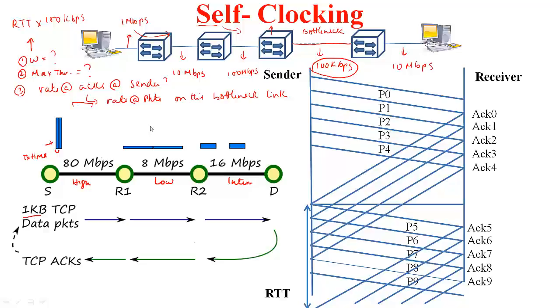So what is interesting here is the spacing between the packets. Let's focus on router R1. These two packets that were sent back to back come separated by the transmission time of the 80 Mbps link, which if you did the calculation will be about 100 microseconds.